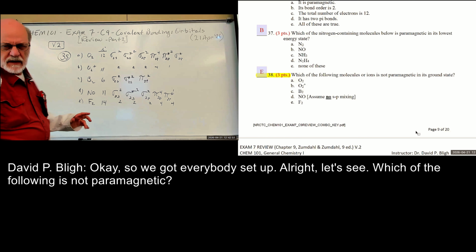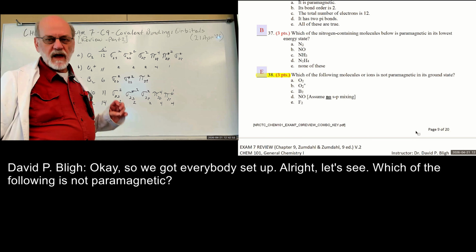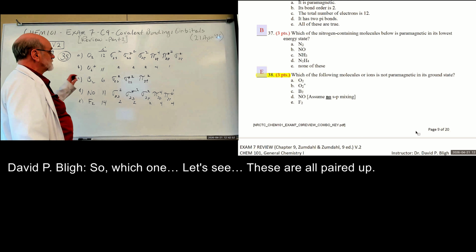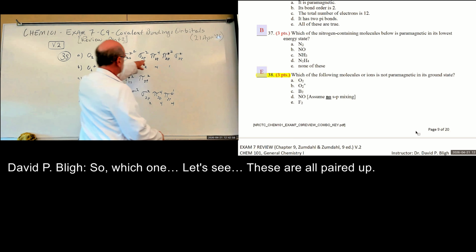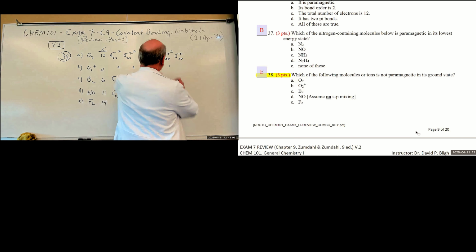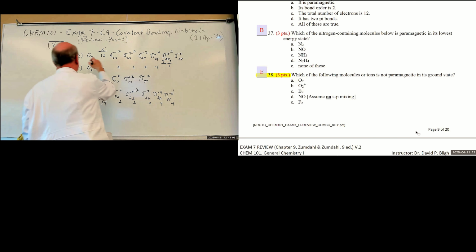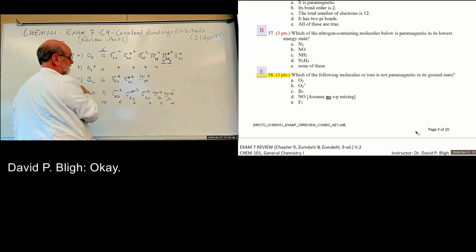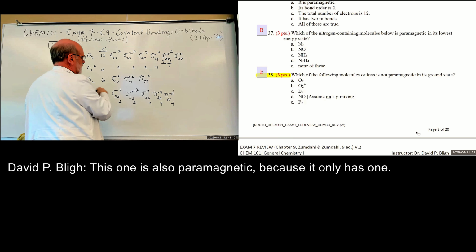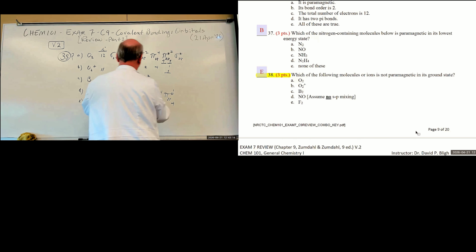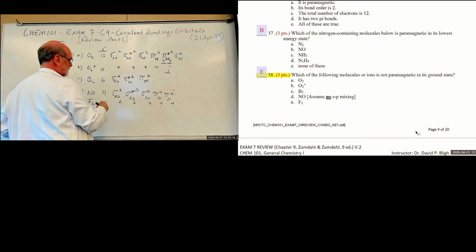All right, let's see. Which of the following is not paramagnetic? These are all paired up. That one's paramagnetic. This one is also paramagnetic because it only has one unpaired.